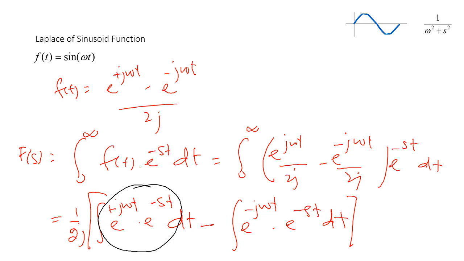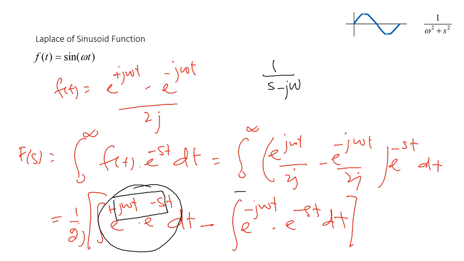So this equation for its Fourier transform would have something like 1 over s minus j omega. Here we have this same equation as well, so we can directly put its Laplace transform as it is.